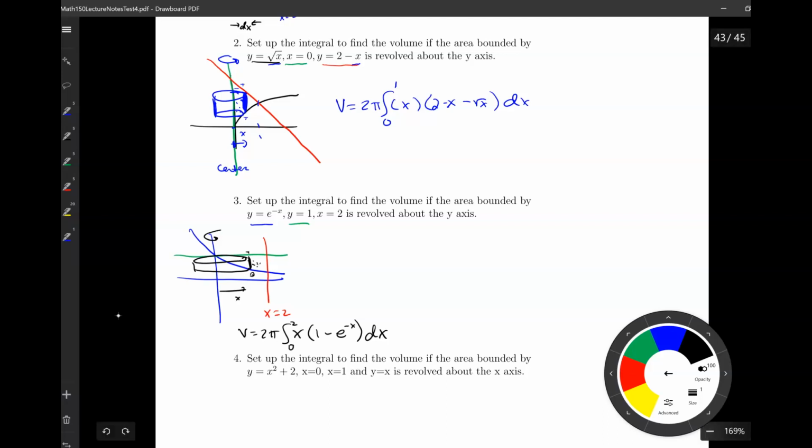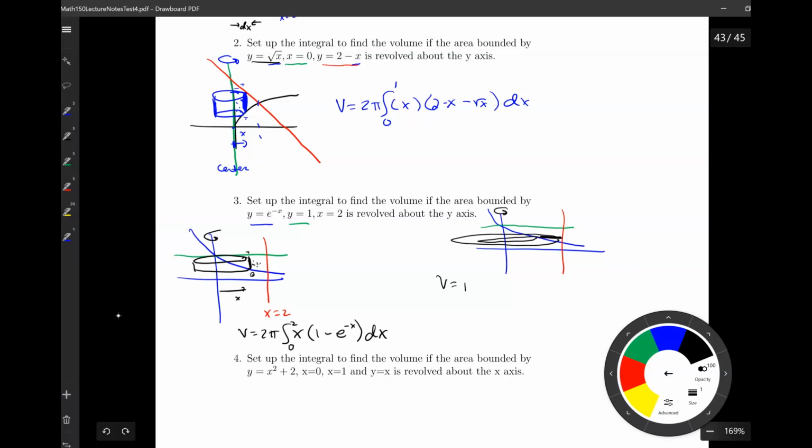So this actually could be done in the other way. Let's just check it out just to have practice. So here's y equals e to the negative x. Here's y equals 1, x equals 2. Again, if I'm spinning it around the y-axis, I could draw rectangles perpendicular to the axis of rotation, so it would look like this.